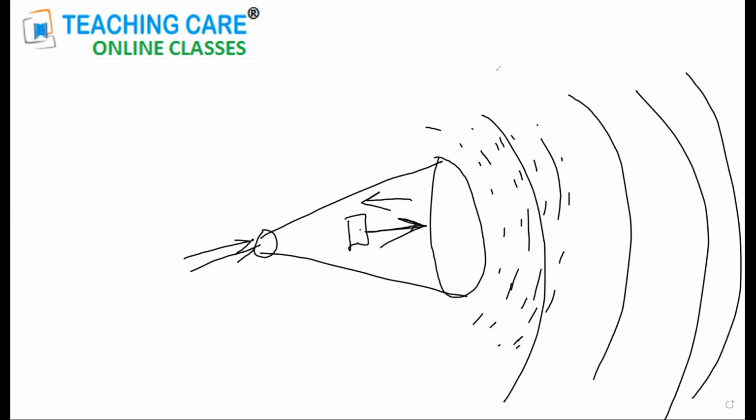Although the air is not moving, the sound wave entering from here is moving. How is it moving? Because of the compression and rarefaction that is getting produced. Clear? And we know that wherever there is compression and rarefaction, that means a wave is generated. Here the wave is transmitted because of the motion of the cone inside the loudspeaker.